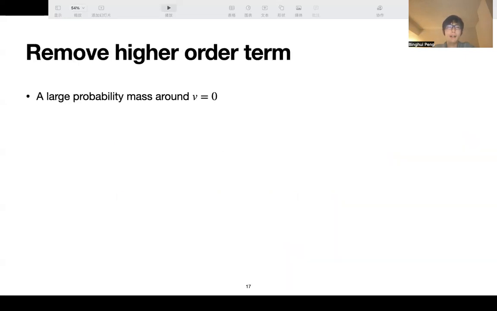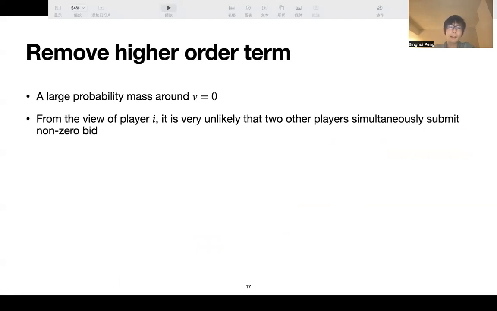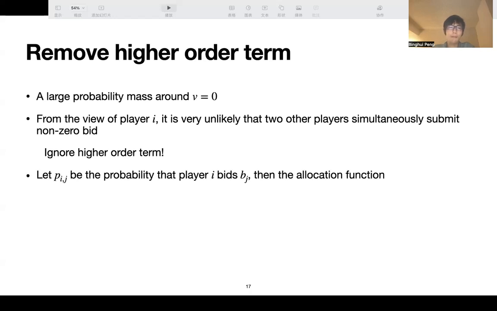Recall that in our layered construction, there's a large probability mass around 0. So from the view of player i, it's very unlikely that 2 other players simultaneously bid a non-zero bid. Because of that, we can remove the higher order terms arising from the expectation. In particular, let Pij be the probability that player i bids Bj.